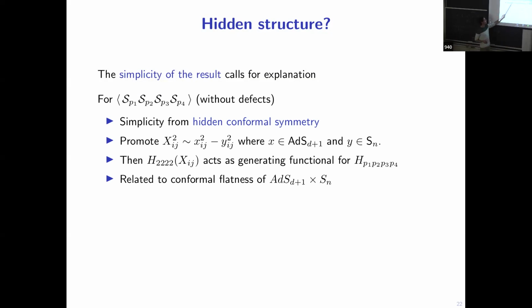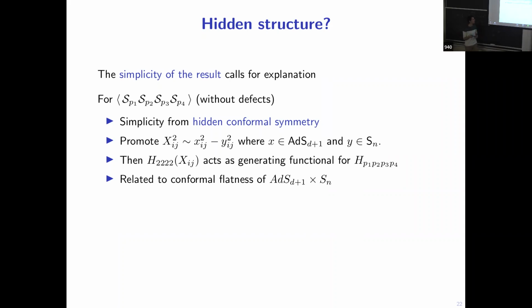You take your lowest lying correlator, let's say 2,2,2,2, and consider it as a function of this funny x. The statement of this hidden conformal symmetry is that when you Taylor expand in y, you generate all these reduced correlators for higher ones. So essentially, the 2,2,2,2 correlator contains all the information of the higher ones.